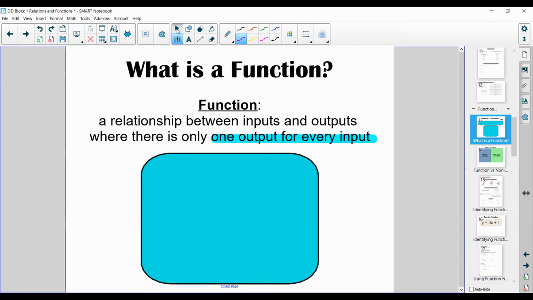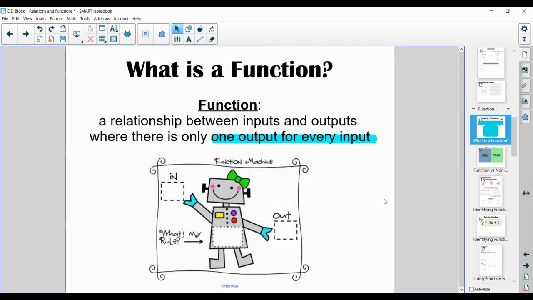And so if we think about a function, we could think about a function as a type of machine. And so if I were to look at a function, for example, x plus 2, I would put that function or that rule inside my machine. And then for every input that I put in, I should only get one output. So for example, let's put in a 4 here, and we'll plug this into our machine and let it do its work. Beep, beep, boop. 6.